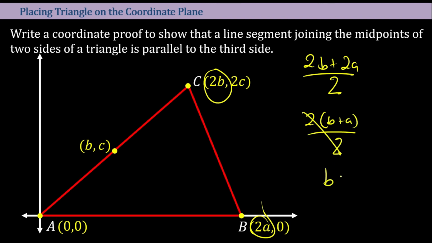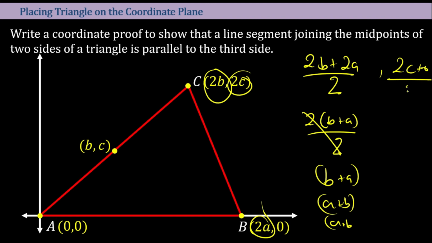That will become b plus a, or we could just write a plus b. So this will be our first coordinate, a plus b. Next is 2c plus 0 over 2. This is 2c divided by 2, so that is c. So the midpoint for this is a plus b, c.